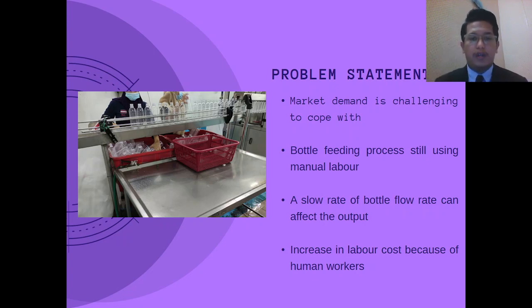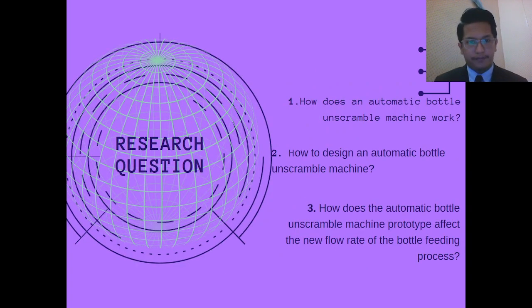They have 2 workers to sort the bottles onto the conveyor. With human workers, the flow rate of the bottles is inconsistent, and a slow bottle flow rate can affect the output. Using workers also increases labor cost.